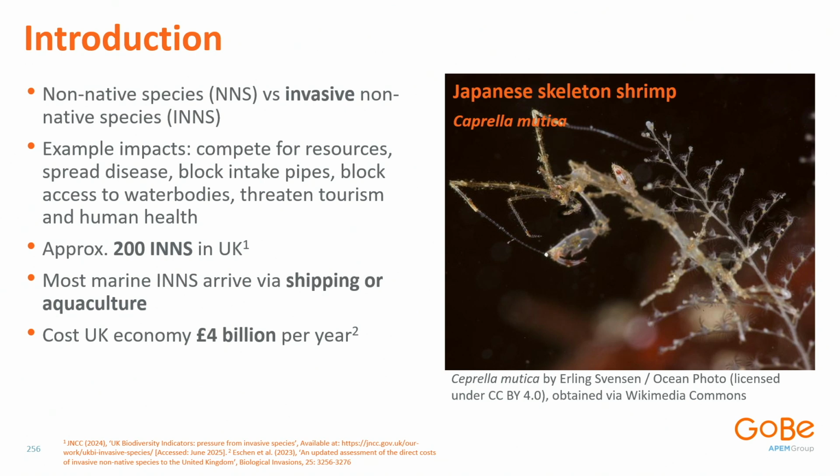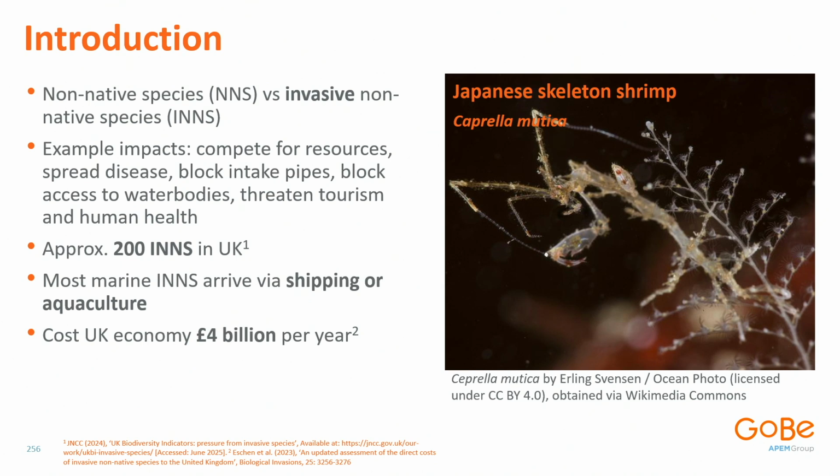In the UK, there was a study trying to count the invasive non-native species, the ones that we know of. There are approximately 200, and around 40 odd of those are probably marine. Again, very much an estimate, and there will be many more non-native species that do not have negative impacts, so it's important to acknowledge that.